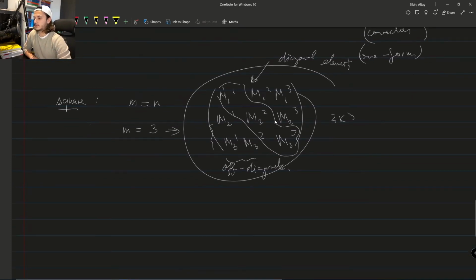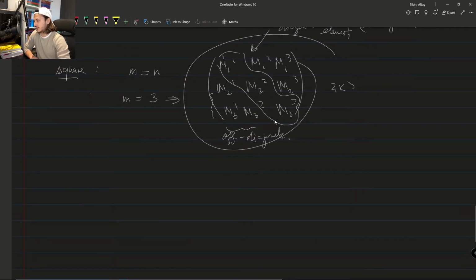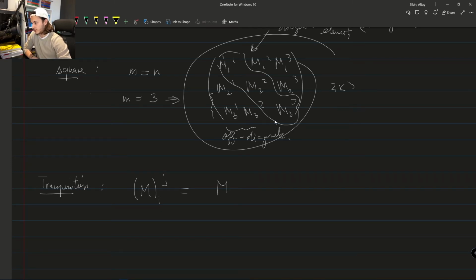And it's sometimes important because there is something called transposition, and transposition is basically this operation of taking a matrix, let's call it M_ij, and transposing it, which means you would have M_ji.